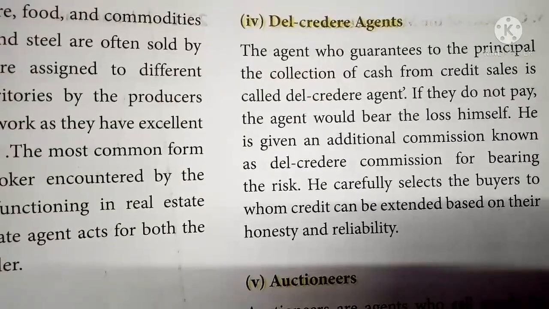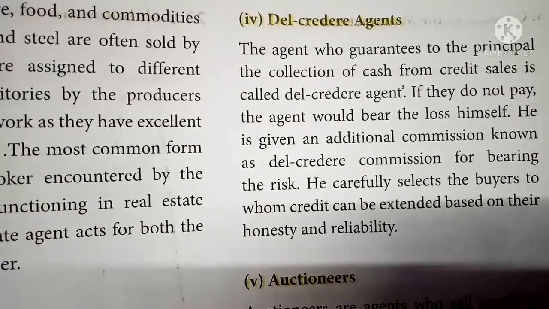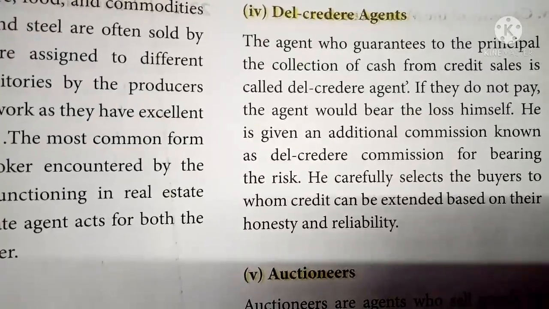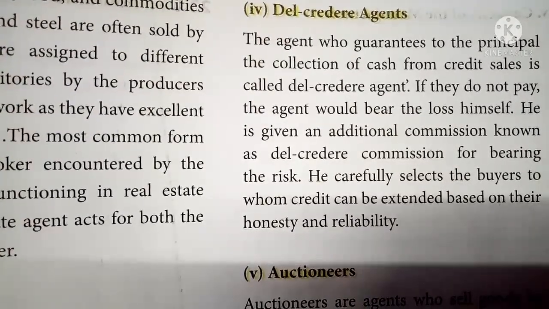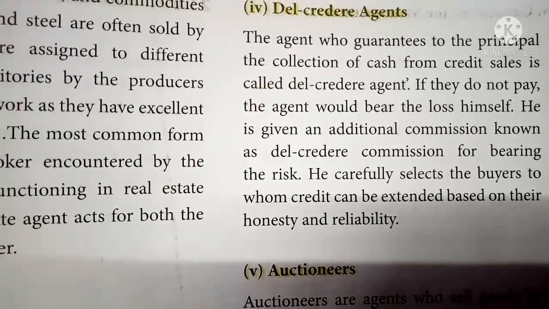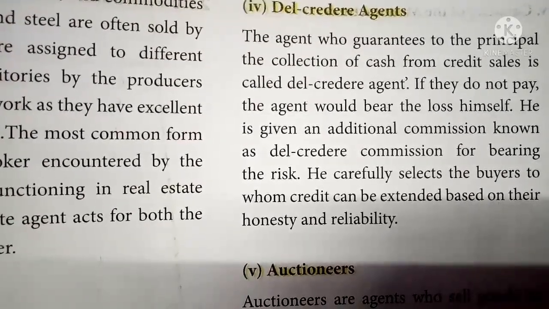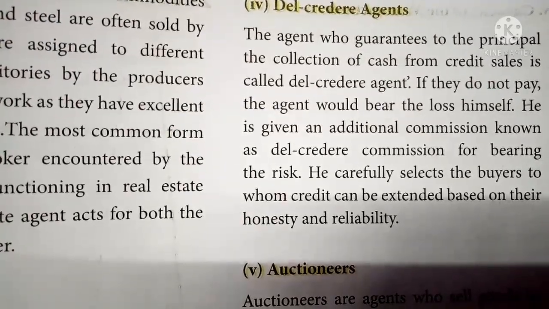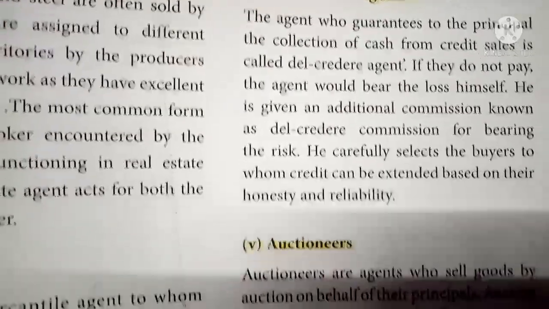If they do not pay, the agent would bear the loss himself. He is given an additional commission known as del credere commission for bearing the risk. So he carefully selects the buyer to whom credit can be extended based on their honesty and reliability.